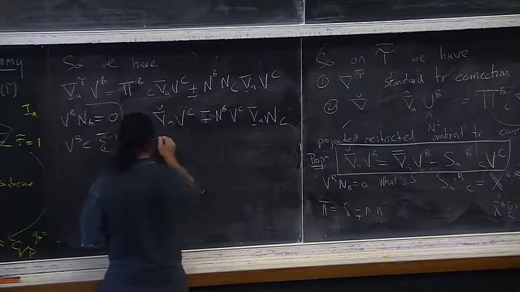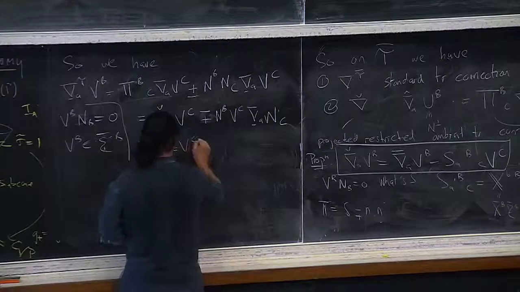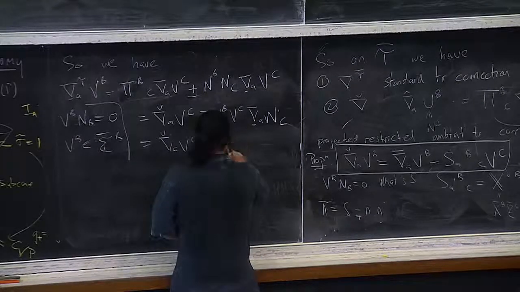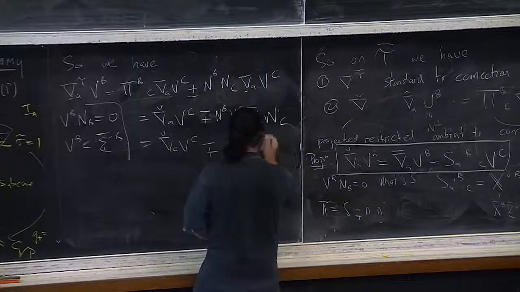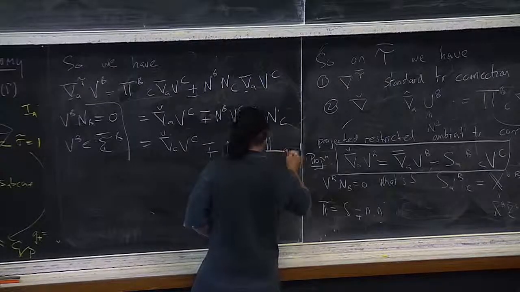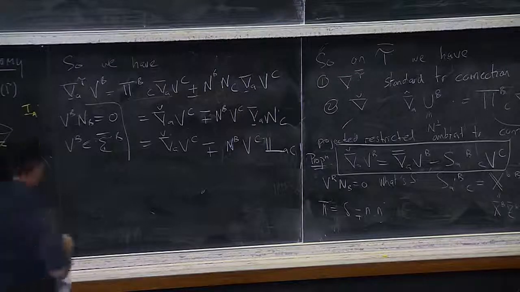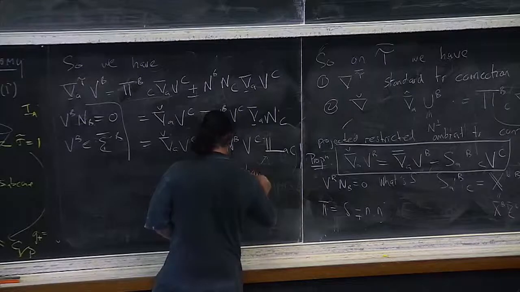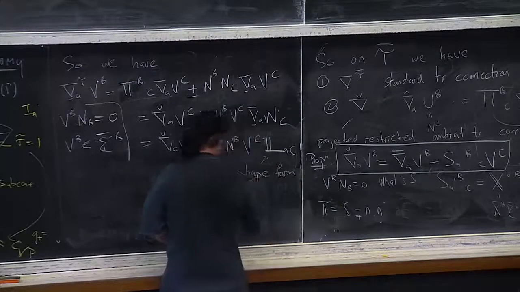So this is grad check_A V_C minus plus N_B V^C L_AC. Remember that the derivative of N, we called this blackboard bold L. So this is the kind of shape tractor. I think my student calls it the shape form tractor.